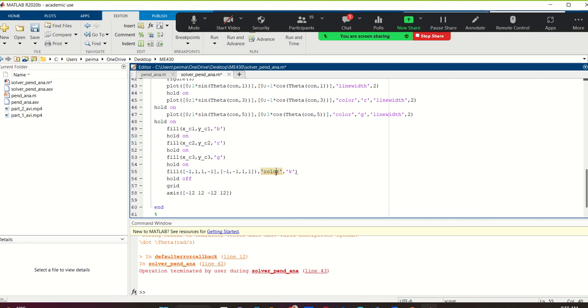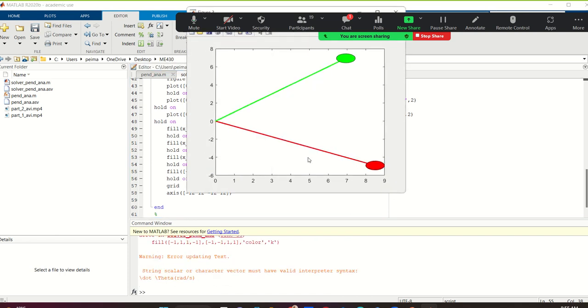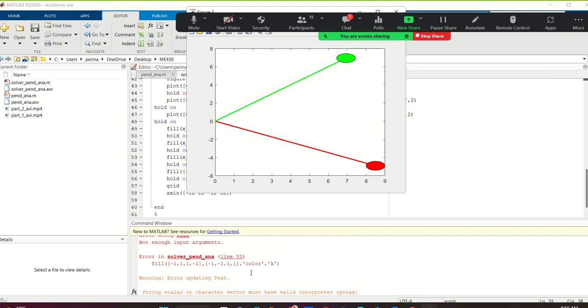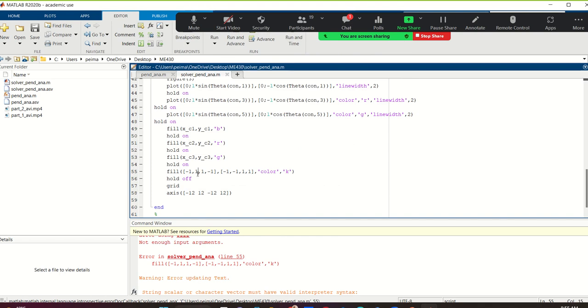Let's see how it looks. Oh, there's a typo here. Here we go. That works. So if I do that, hopefully it works. Too many arguments.